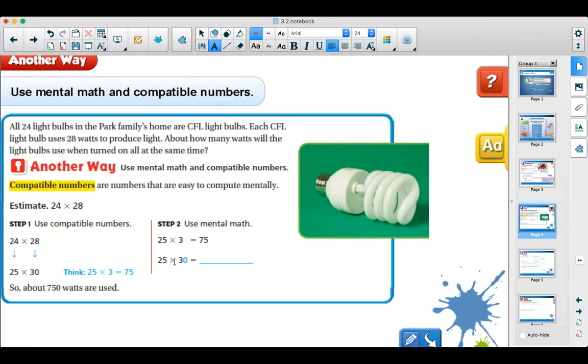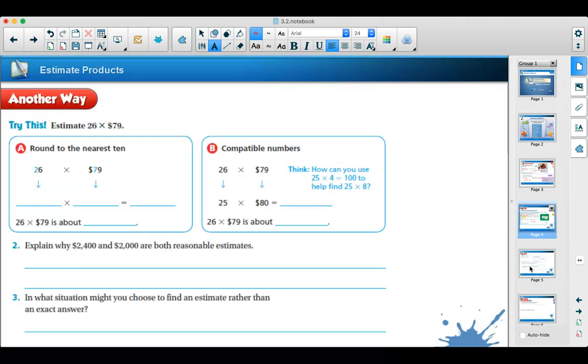So 25 times 3 is 75. And let's append the 0 from the 30 to the end. So about 750 watts are used. Now, when you estimate products, you can estimate either way. Whichever way you find is easier, you can use to estimate a product.